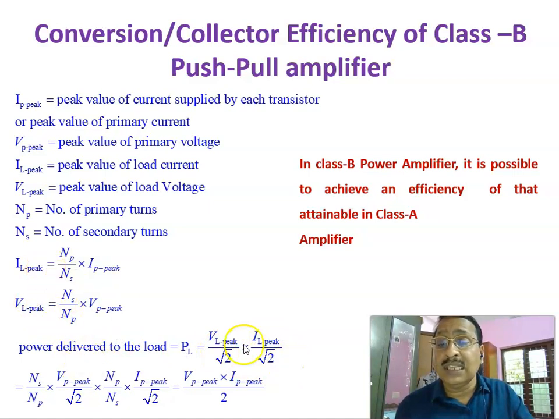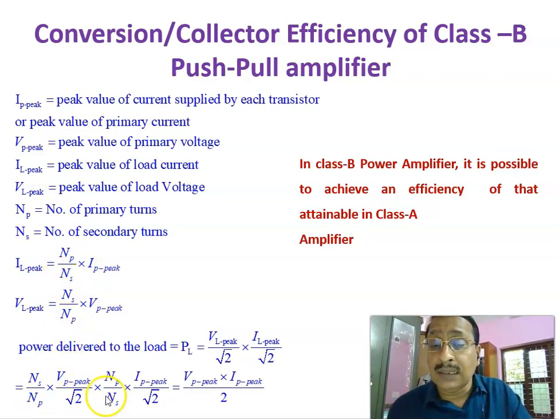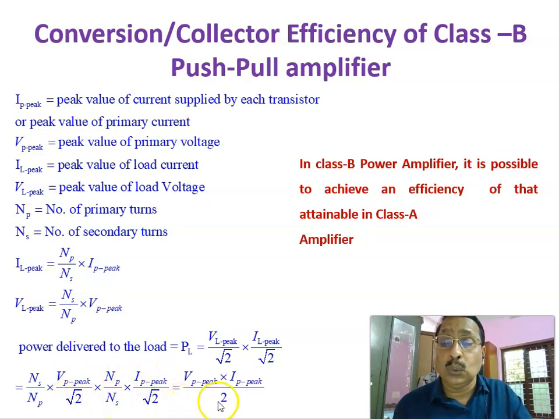Substituting, it is equal to NP by NS into IP peak divided by root 2 into VP peak divided by root 2 into NS by NP. The NS and NP cancel, so it is equal to VP peak into IP peak divided by 2. That is the AC power delivered to the load, PL.